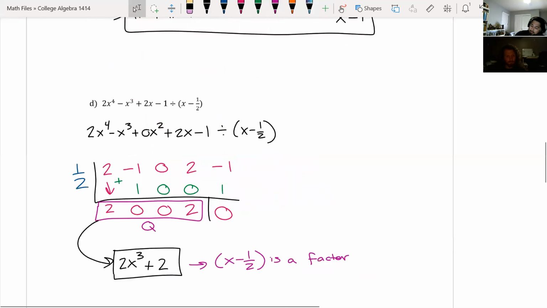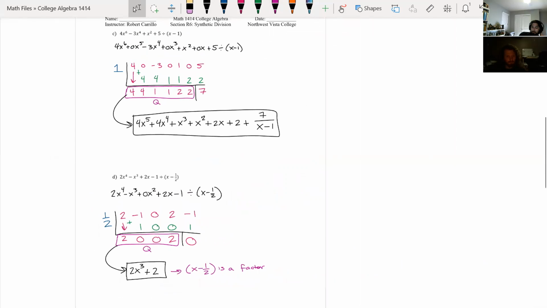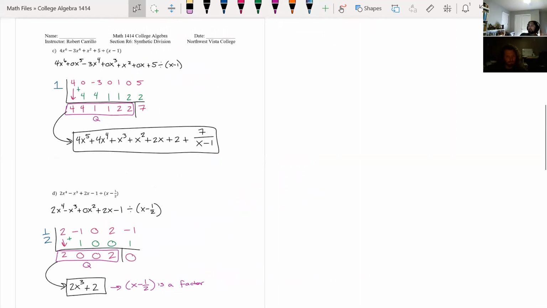All right. Any questions on that page? Who's liking synthetic division more than long division? Definitely I do. Synthetic division is my favorite subject in all of college algebra. I actually enjoy this.